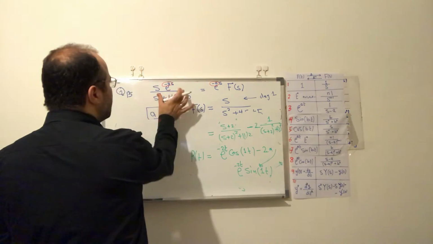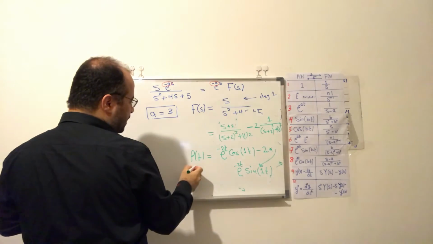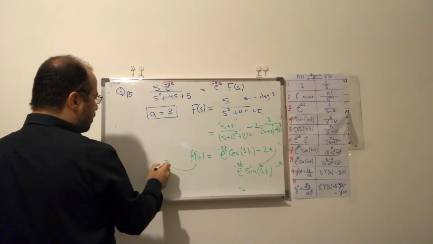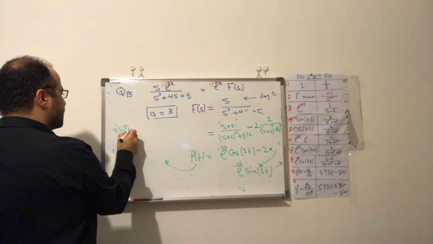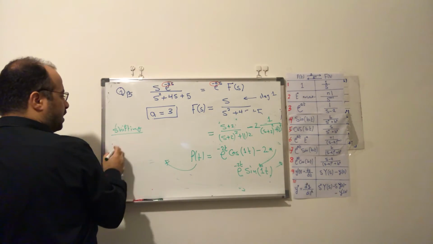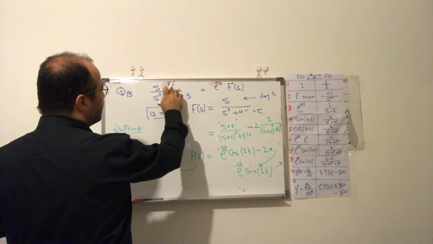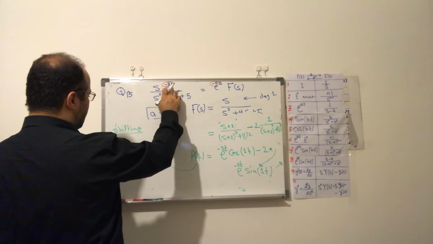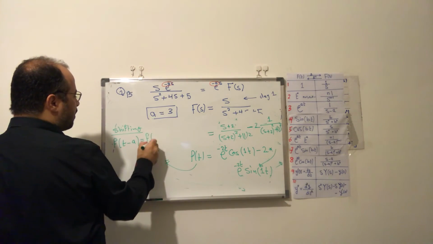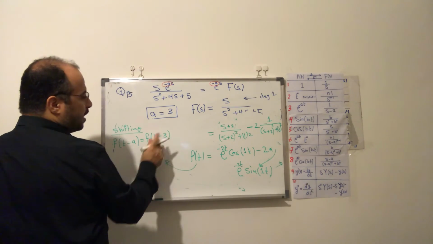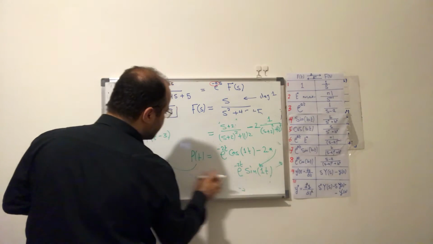Now, when we have a function like this, when you go back, you need shifting for f of t. What is the shifting here? The shifting is 3. So f of t minus a, or f of t minus 3, it means that for every t here you replace it with t minus 3.